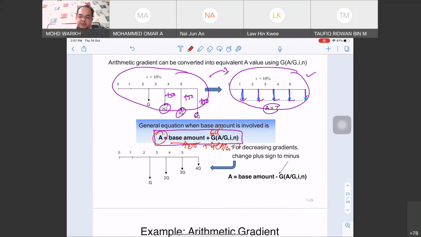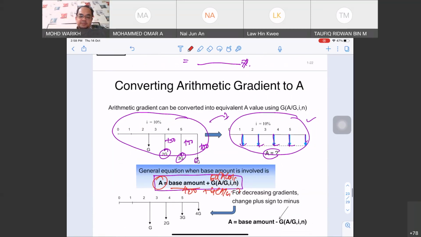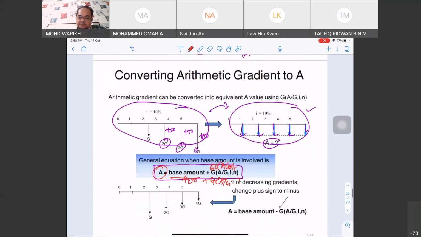The I earlier was 10%. N is 5. Refer to the table and you get the answer, then plus the base amount, so you will get the value of A. So remember this formula.